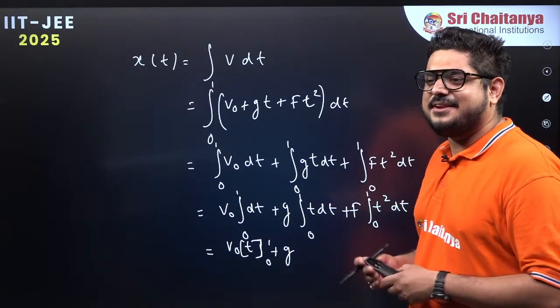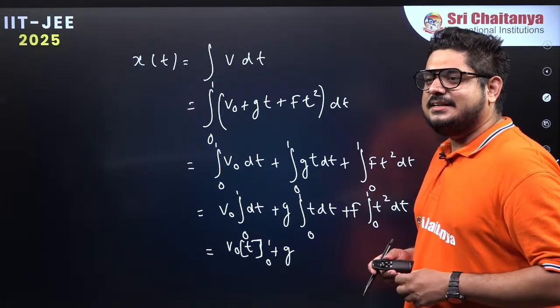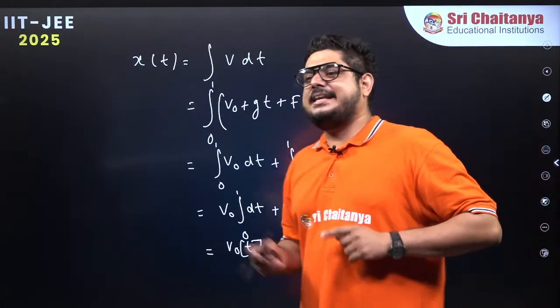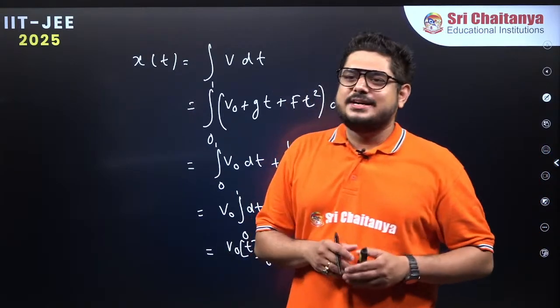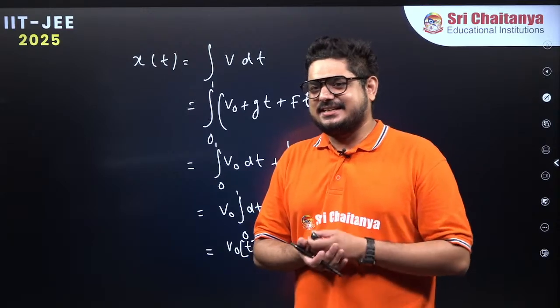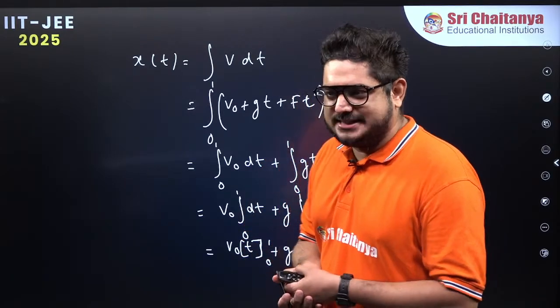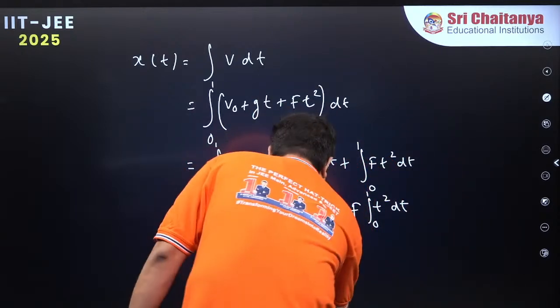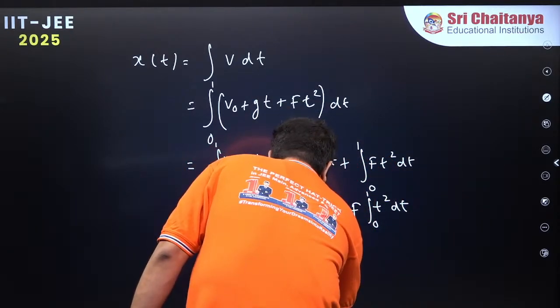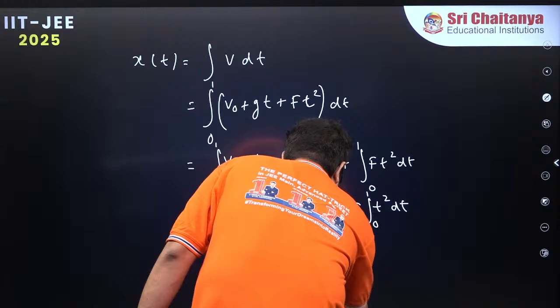Write down the answer, everyone. t square by 2. It has to be t square by 2 rather than t square by t, isn't it? Okay, so it's going to be t square by 2, so you can write it down over there as t square by 2 with square brackets 0 to 1.